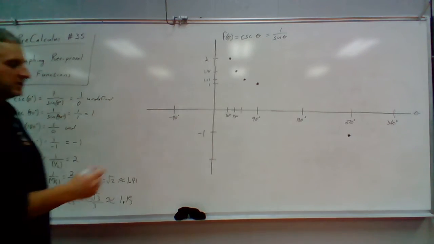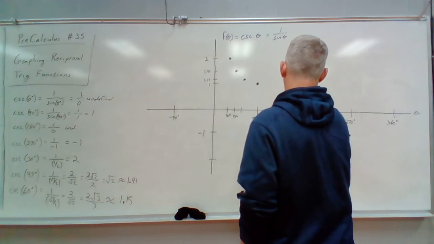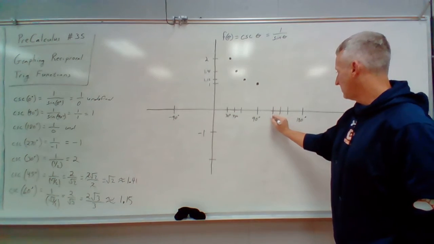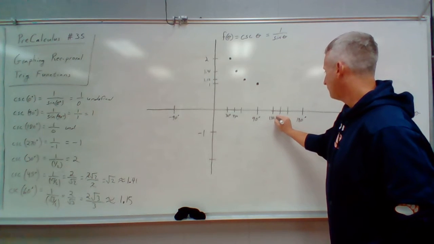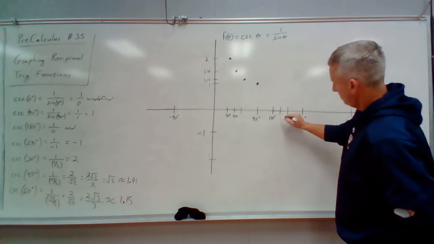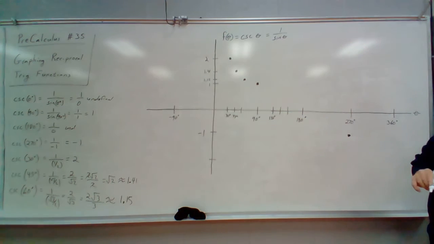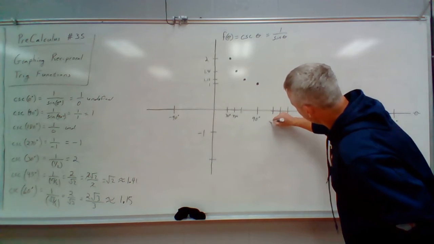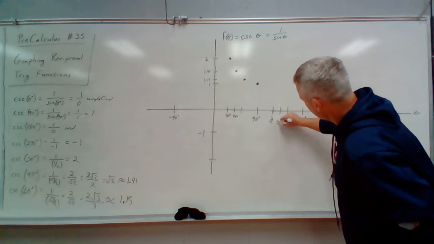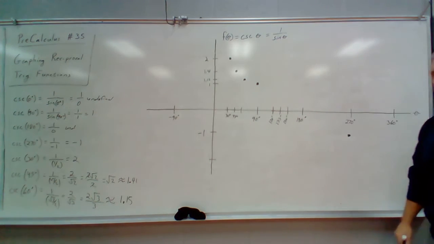So let's plot some points in this quadrant. So 90 plus 30, that's 120 degrees. This one's 135. This one's 150 degrees.